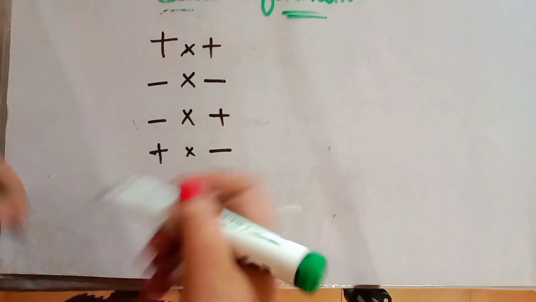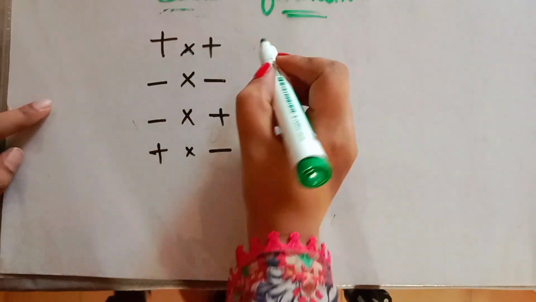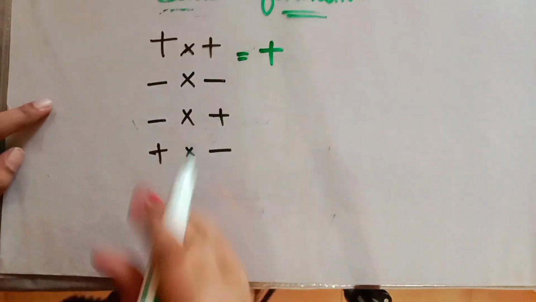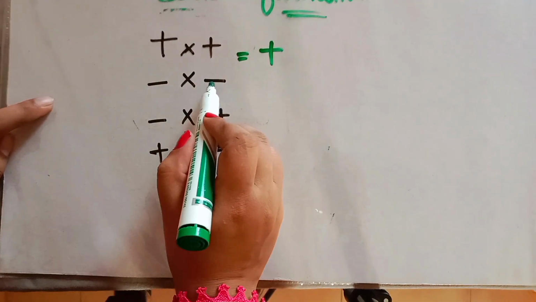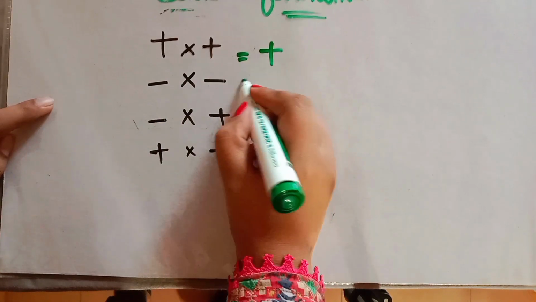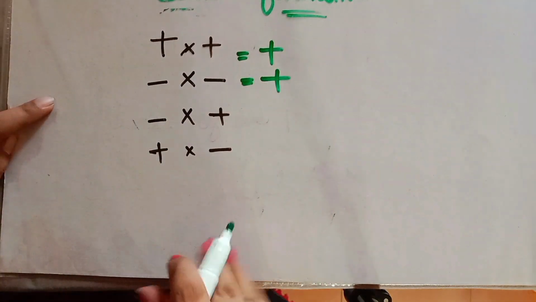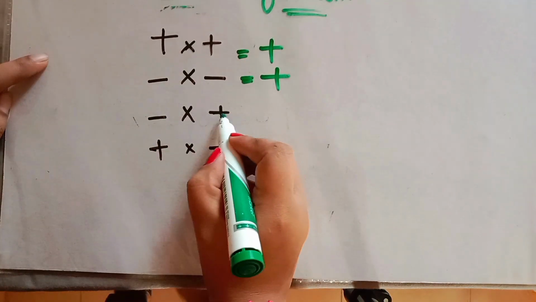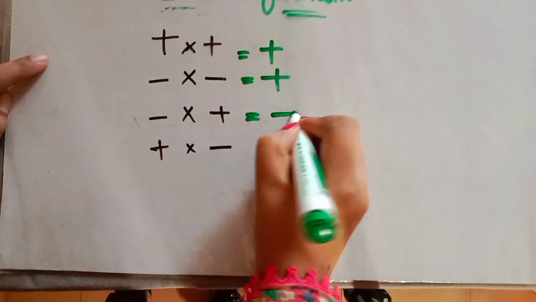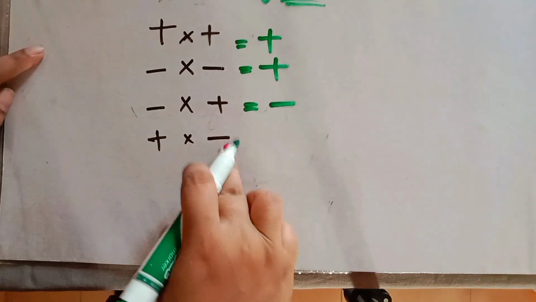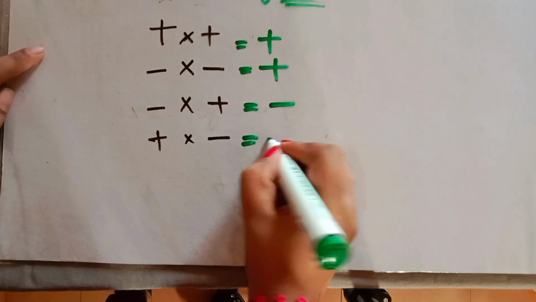As we know, when plus is multiplied by plus, the result is plus. Minus multiplied by minus results in plus. Minus multiplied by plus results in minus. Plus multiplied by minus also results in minus.